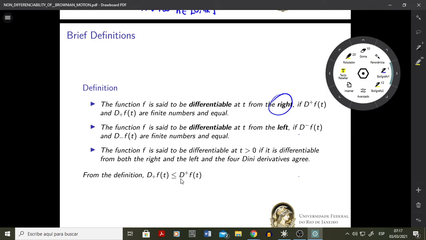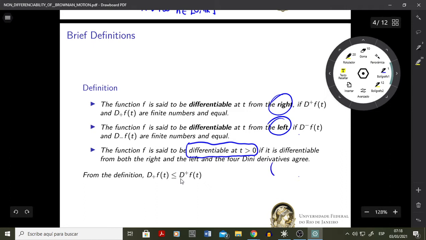The function is differentiable at t from the left if the upper and lower left Dini derivatives are finite numbers and are equal. And finally, we say that a function f is differentiable at some positive t if it is differentiable from both the right and the left, and the four Dini derivatives agree.